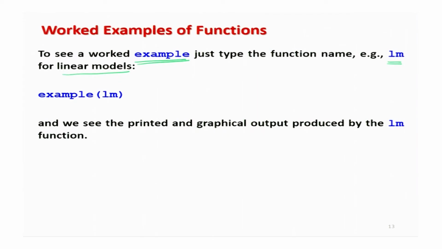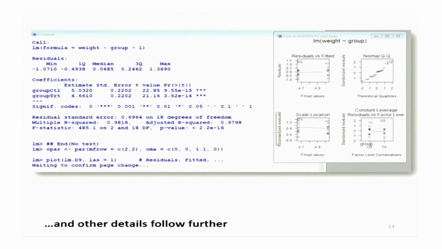Suppose somebody wants to know how to execute this LM command and how to interpret the outcome, then simply type example, and inside the parenthesis just LM, and after that you will get all the details about the outcome, in the form of text and then graphics, etc. The only thing is, you have to just read it.